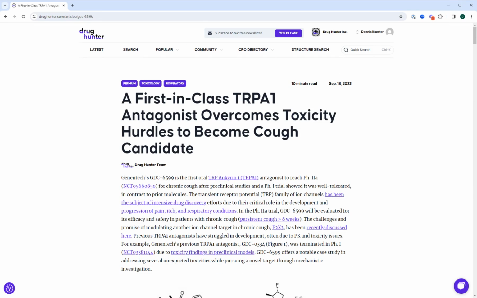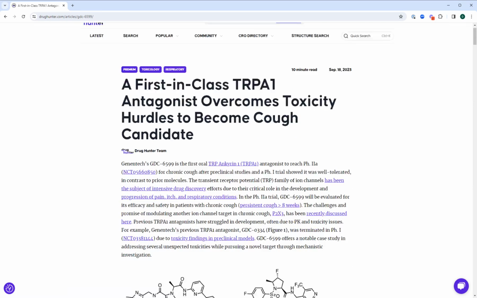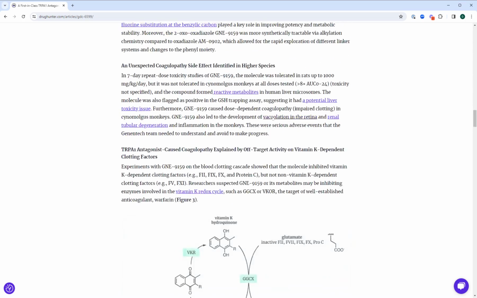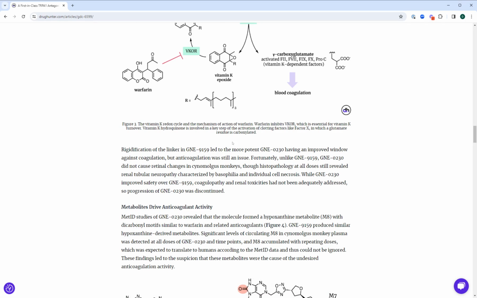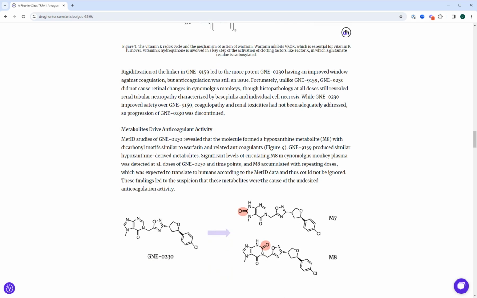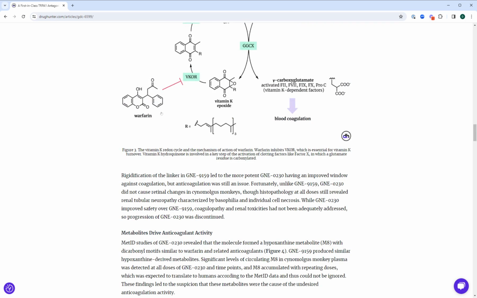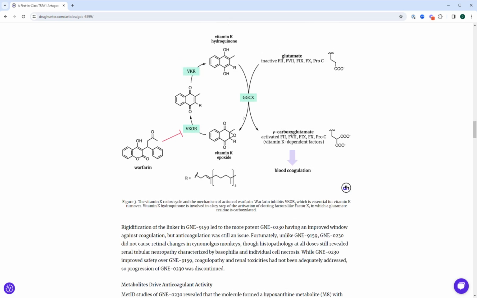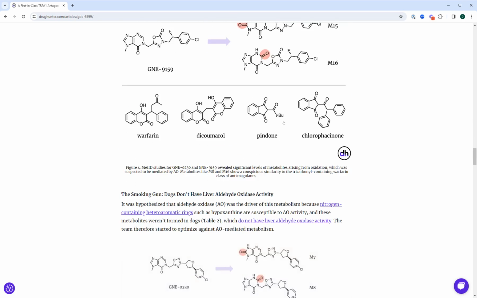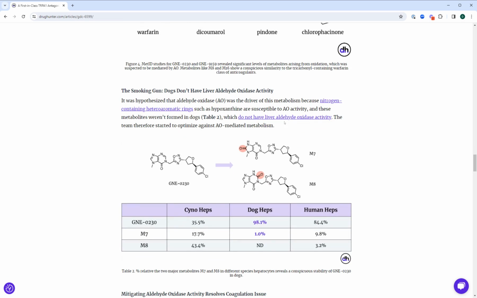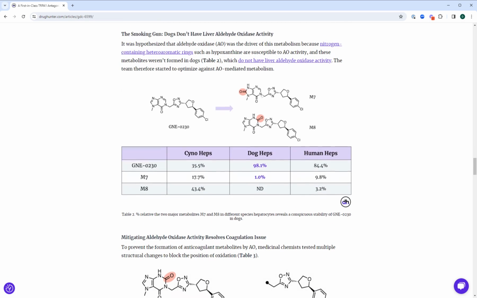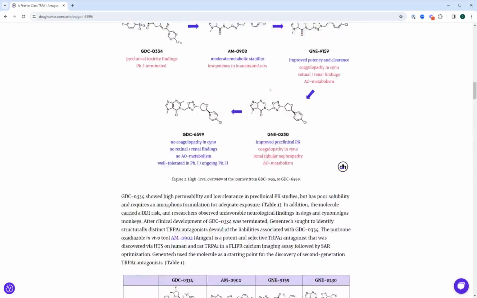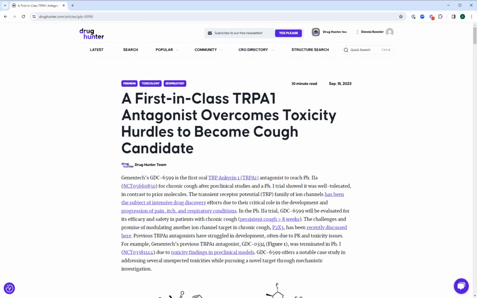This bleeding risk, for example, on the TRPA1 inhibitor from Genentech was very nicely understood and solved. It was going through an aldehyde oxidase mediated metabolism that makes the molecule look like warfarin and then inhibits the vitamin K redox cycle. That was very nicely addressed in this case study, but you really wouldn't know about this if you didn't follow that specific paper.